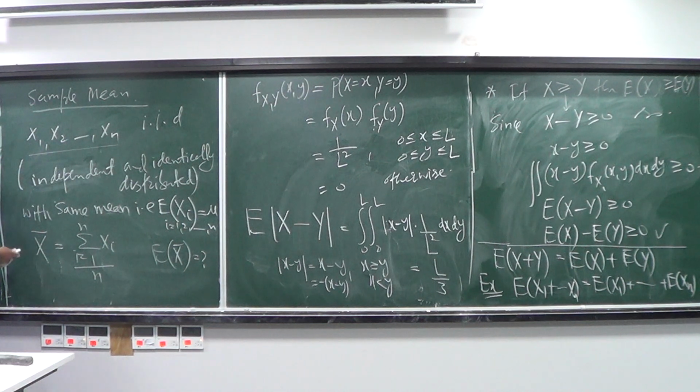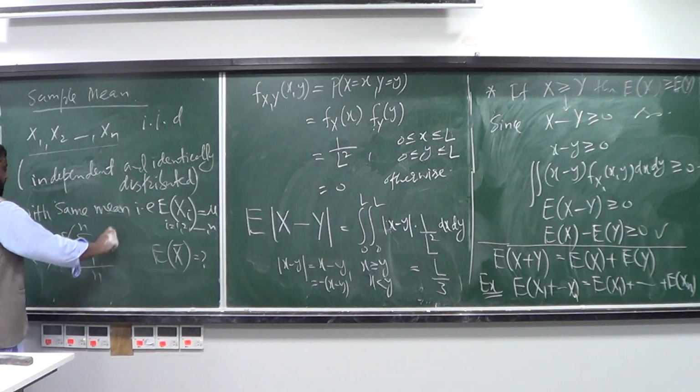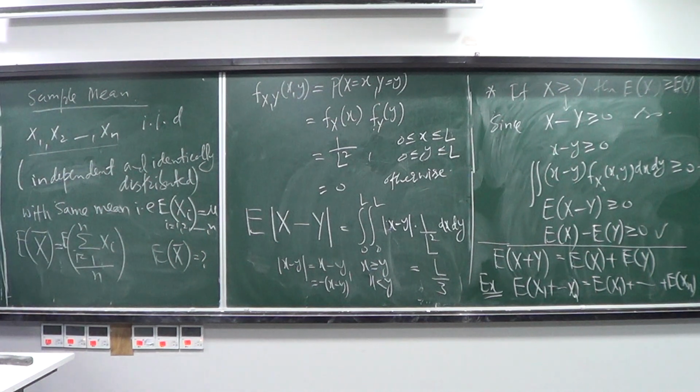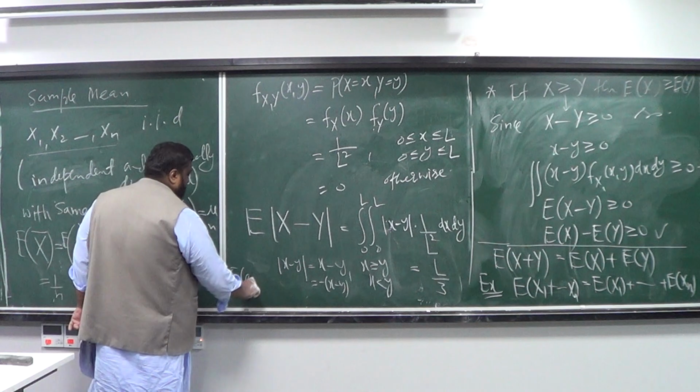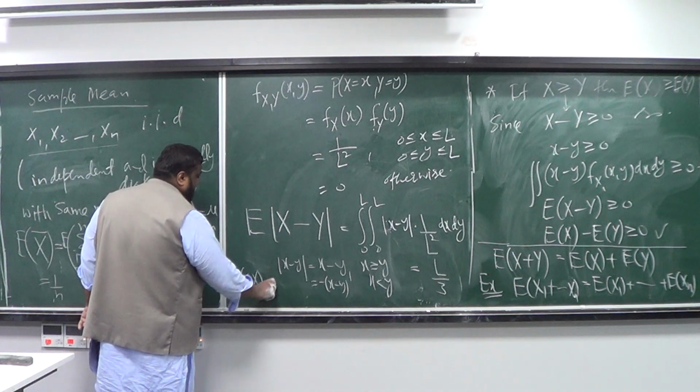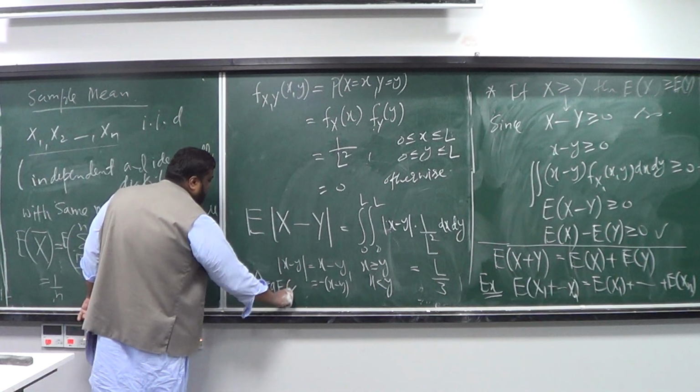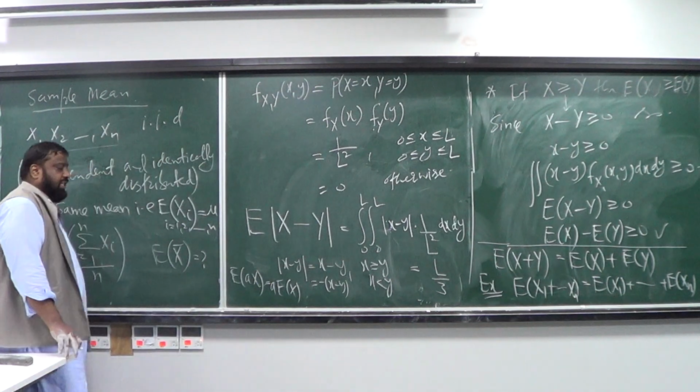You can compute it by applying expectation on both sides. 1 over n is like a number, you can pull it out. We have this property of expectation, that the expectation of a constant multiplied by a random variable is the constant times the expectation of x.